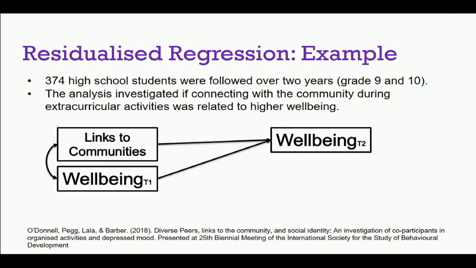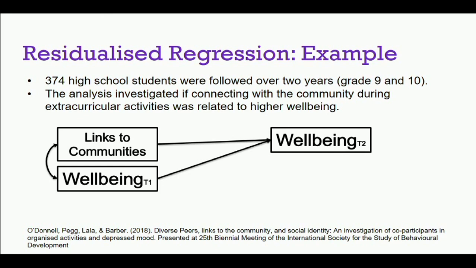They looked at 374 kids, and they were following their level of psychosocial well-being. Psychosocial well-being is the level of depression, anxiety, stress. Do they feel positive about themselves? Do they have low self-esteem? Those sorts of things are all tied up in this sort of nebulous construct of well-being.